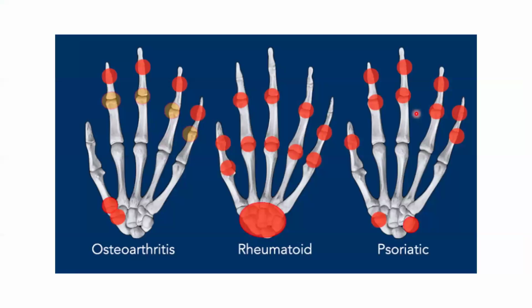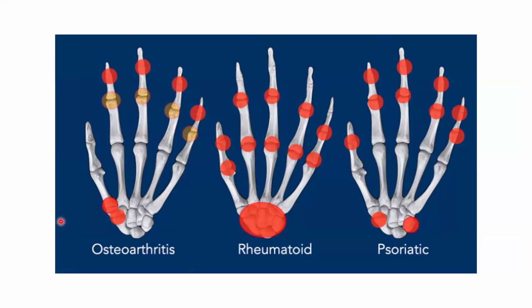So when they give you a question, this is how you differentiate, right? So osteoarthritis, mainly the distal, right? And it can also affect the first carpometacarpal or intercarpal joints. So you get osteoarthritis of intercarpal joints. You must have heard of that.